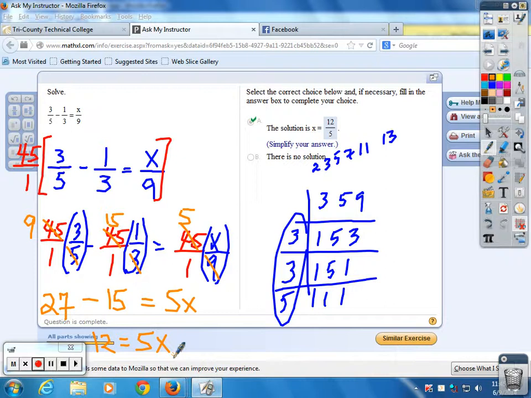And x is equal to what? 12/5. That should be your answer. Piece of cake once you get the fractions clear. And that's the whole point. That's what they're trying to teach you.